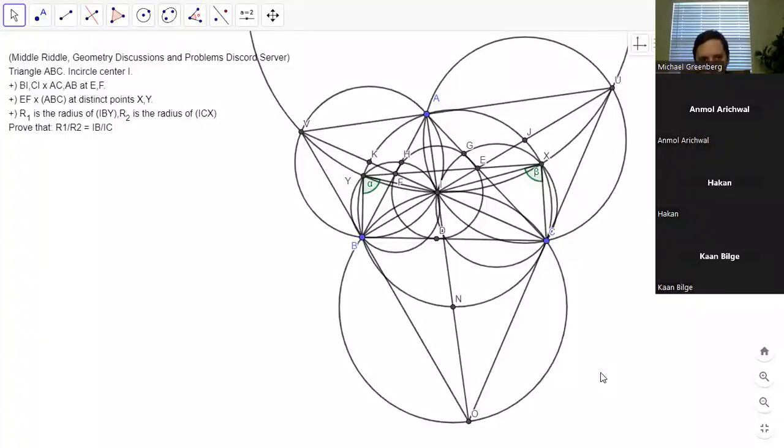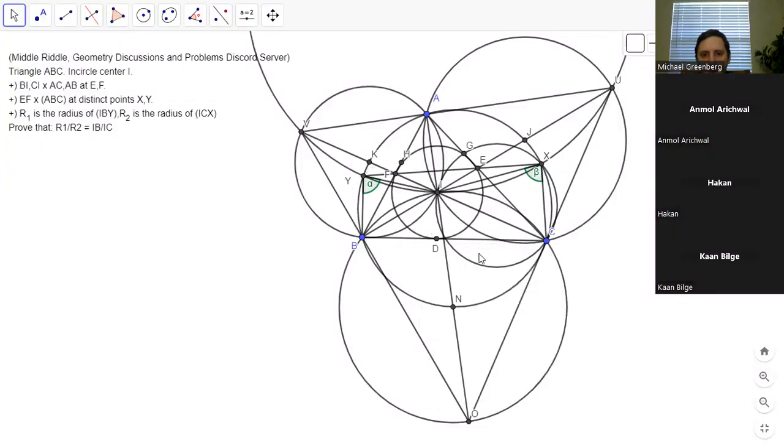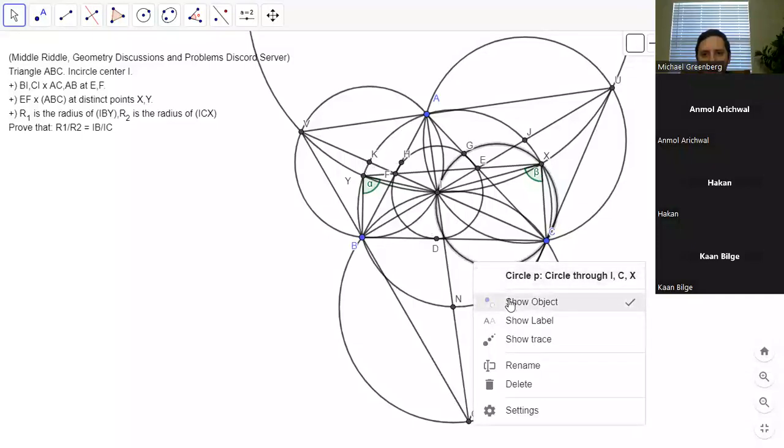Okay. So we do angle chasing, but I can't see the names of the points above. Let me know if you want me to get rid of this circle right here. Yeah, you can. We're just framing the problem in terms of UVO.